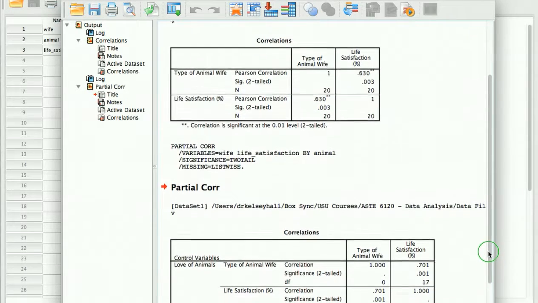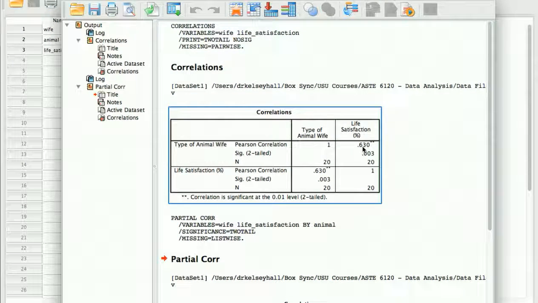If you remember that situation, we know that it was only a correlation of 0.630.